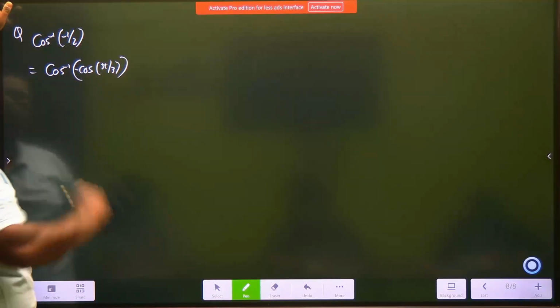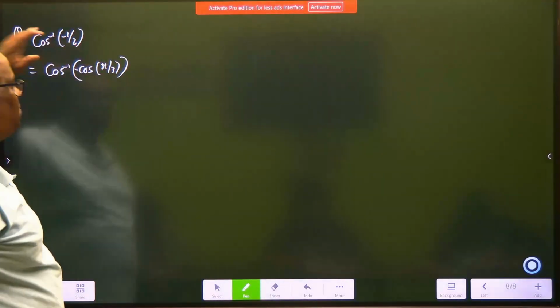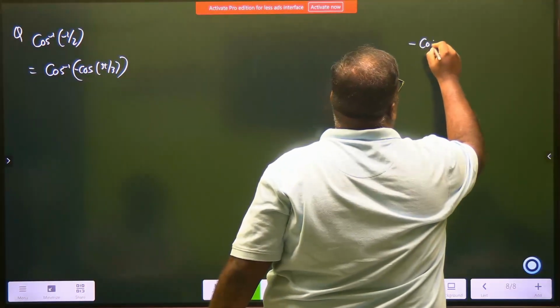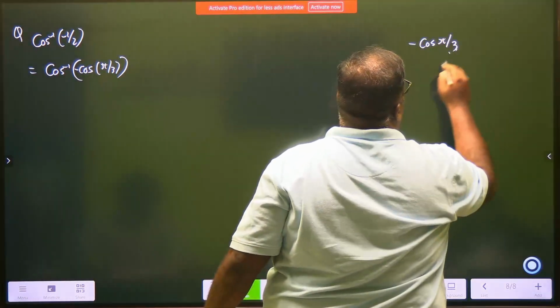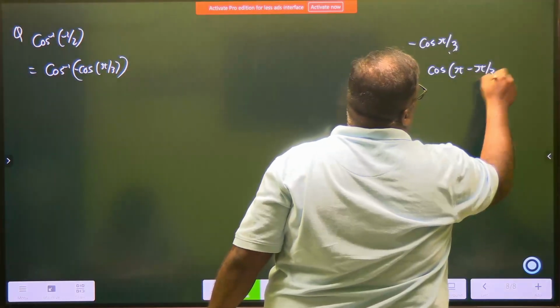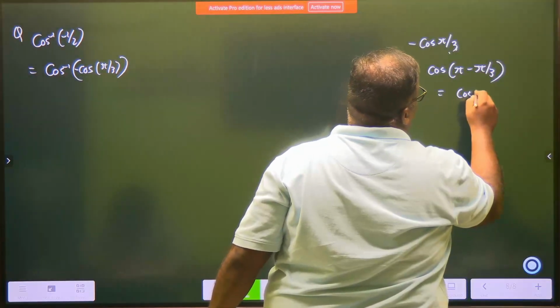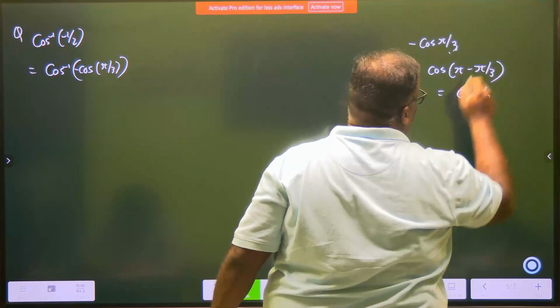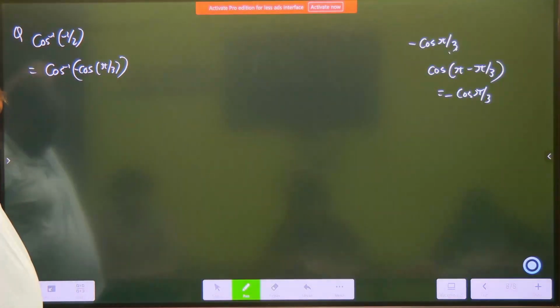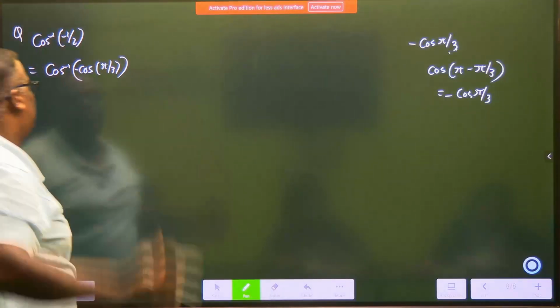Agreed? Now pi by 3 means straight away use the pi formula. Look here. Negative cos pi by 3. You can straight write it as cos of pi minus pi by 3. So what do you get? You get cos pi by 3, and since you are landing in the second quadrant, it is negative.